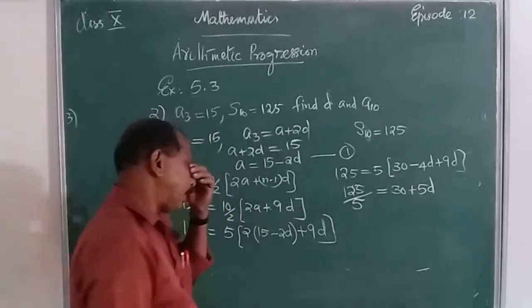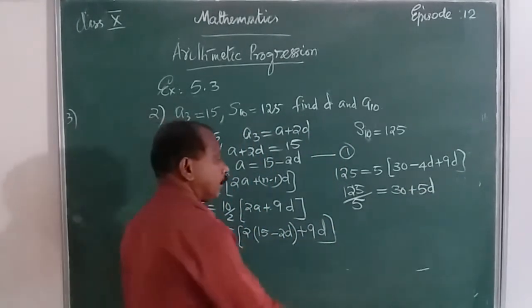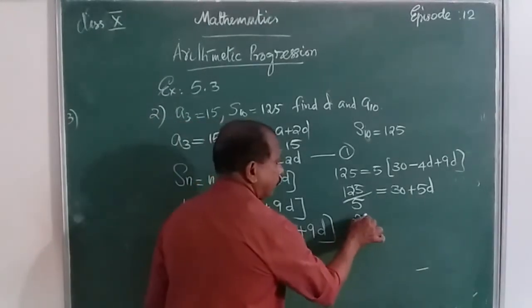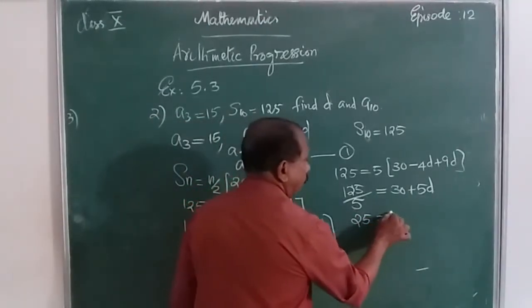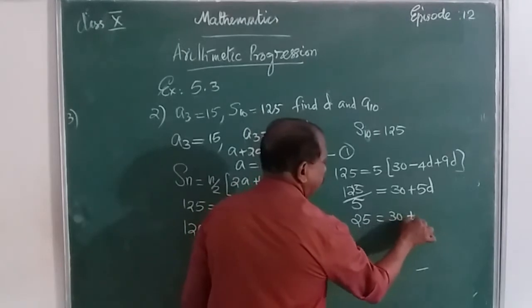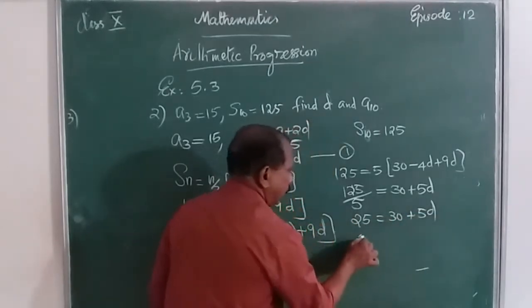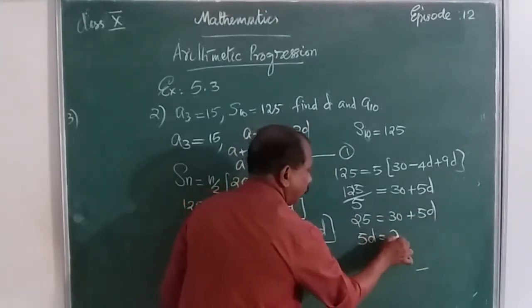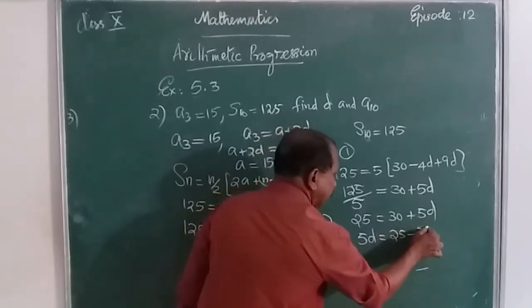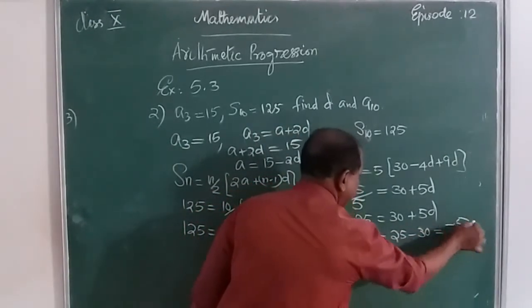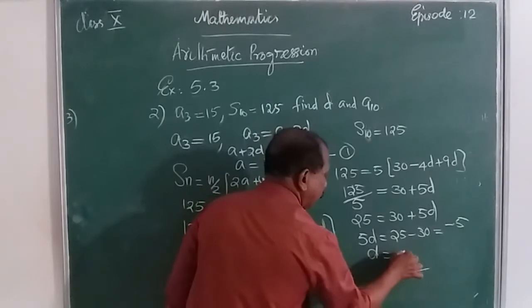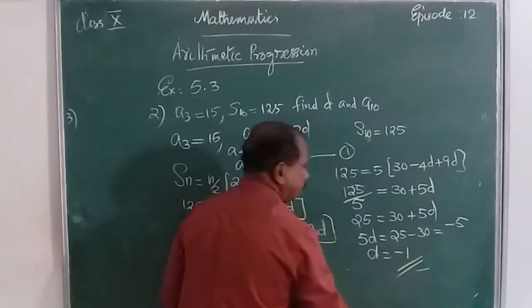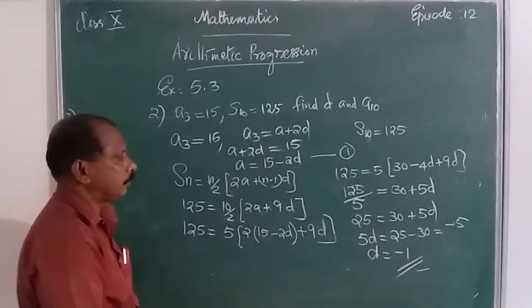Then 125 by 5, that is 25, is equal to 30 plus 5d. Therefore, 5d is equal to 25 minus 30 is equal to minus 5. Therefore, d is equal to minus 1. That is minus 5 by 5 is minus 1.